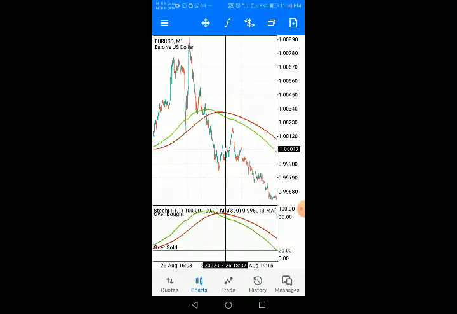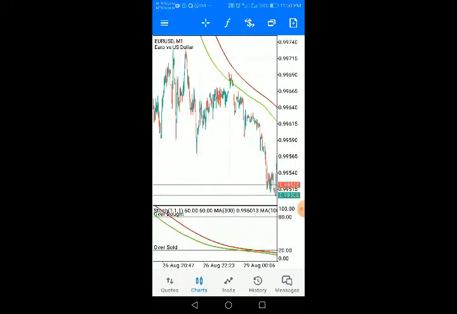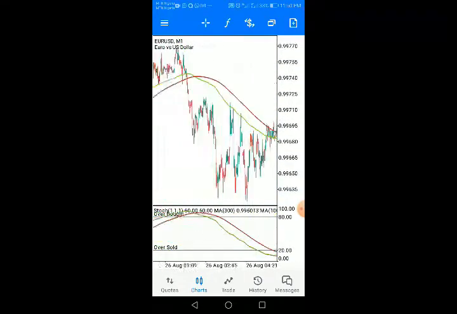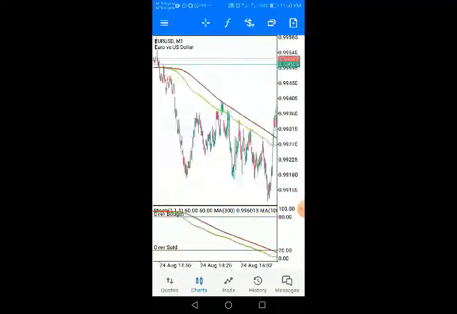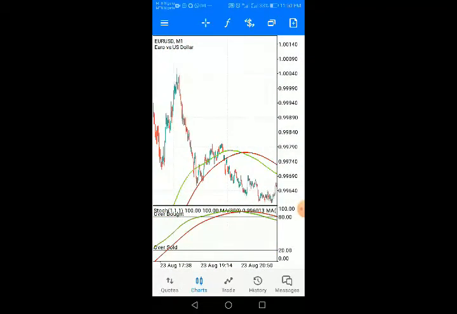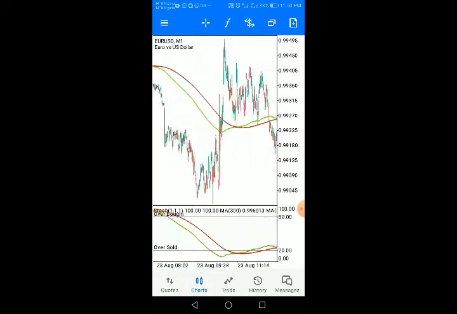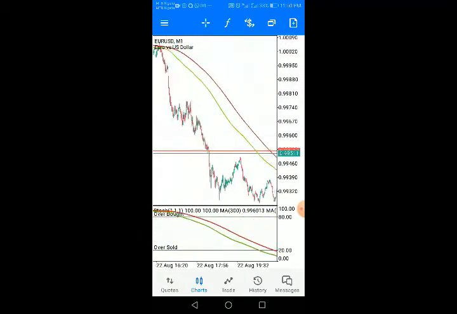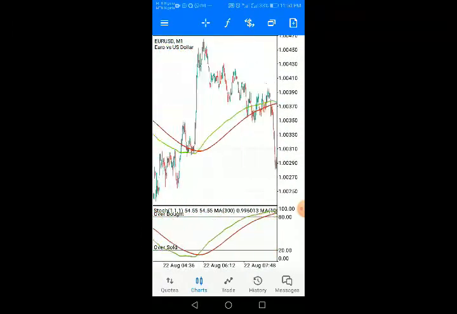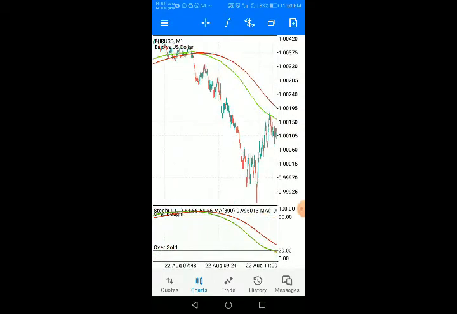You can see it works well every time, anytime, any day. You can see it here. You can see it's a very, very powerful strategy. You can see. So that's it.